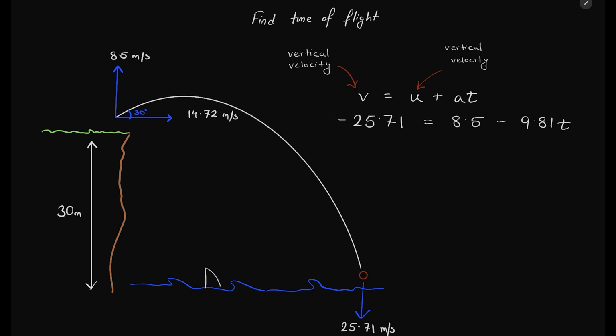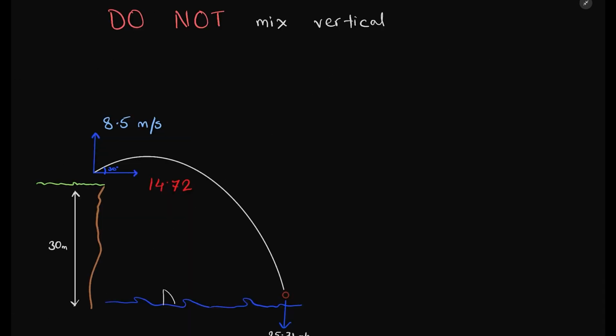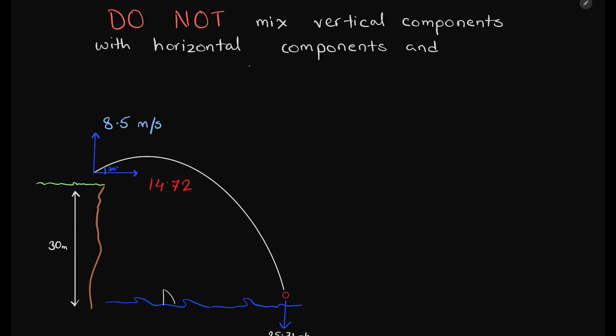That is why you can see the two different vertical values have two different signs depending on which side they were pointing at. If you want, you can switch the signs too, but make sure that the signs are different as they are pointing in different directions. The answer comes out to 3.49 seconds. Please remember, do not mix vertical components with horizontal components, and always maintain directional sign.